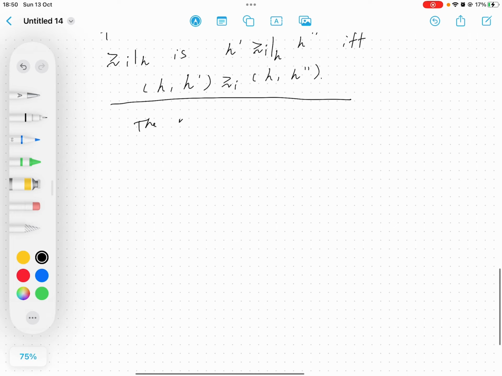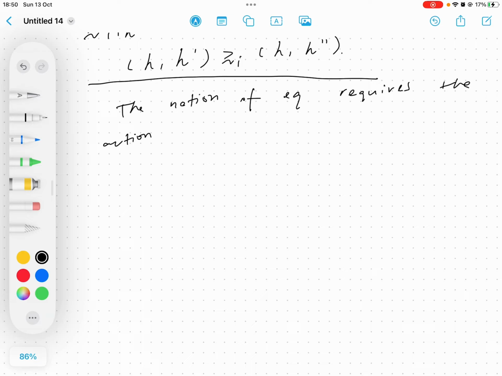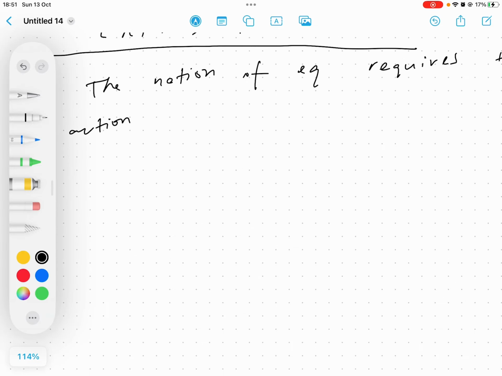So the notion of equilibrium just defined requires that the action prescribed by each player's strategy be optimal.